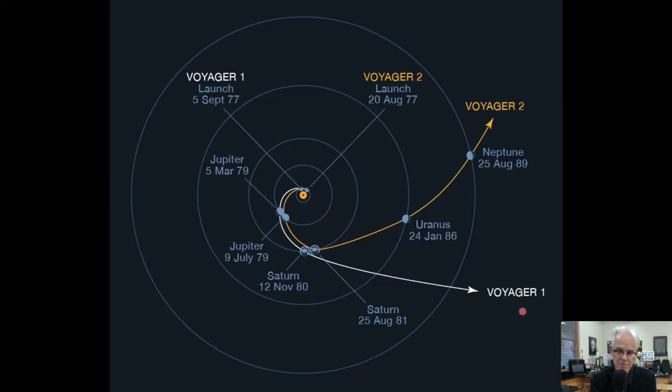For example, let's say 1 inch is equal to 1 astronomical unit, which is the distance between the Sun and the Earth. The Voyagers are about 13 feet away from the Sun today. The nearest star, Proxima Centauri, at this scale would be, say, in Downey or Inglewood.